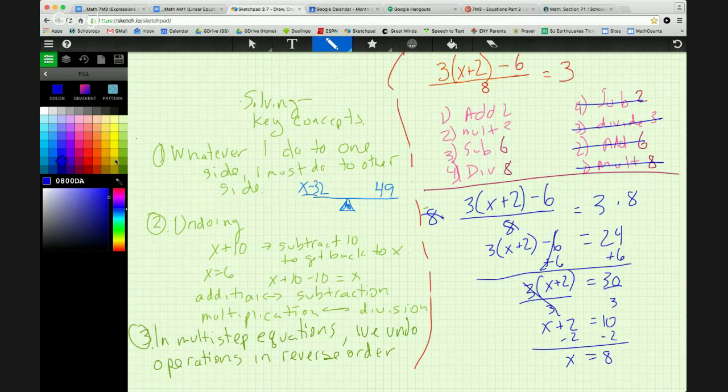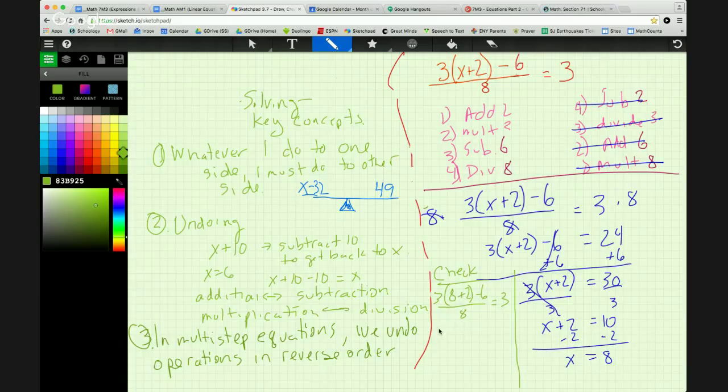And are we done? Well, no, we're not done because we need to do our check step. We'll say, well, does 3 times (8 + 2) minus 6, over 8, equal 3? All right.